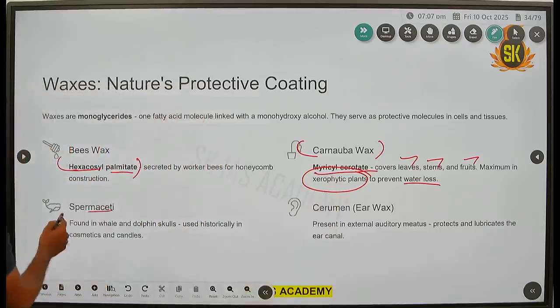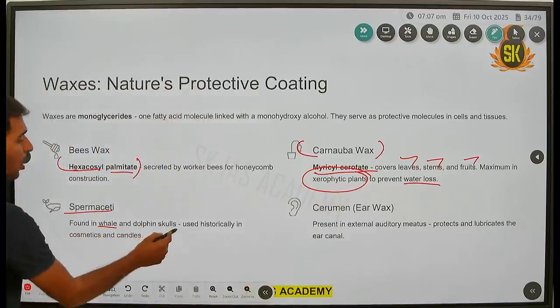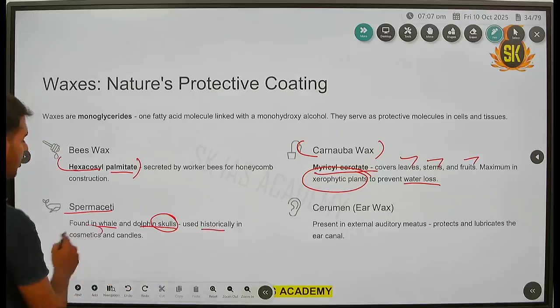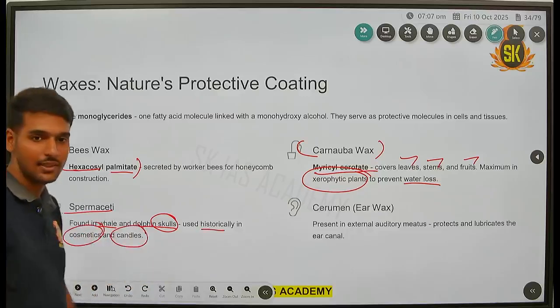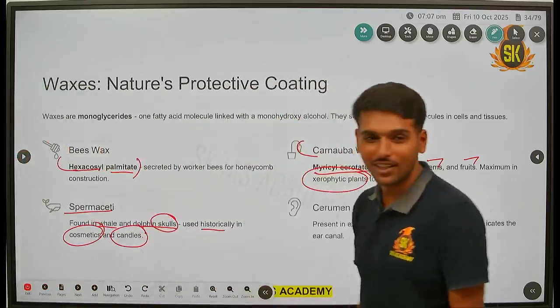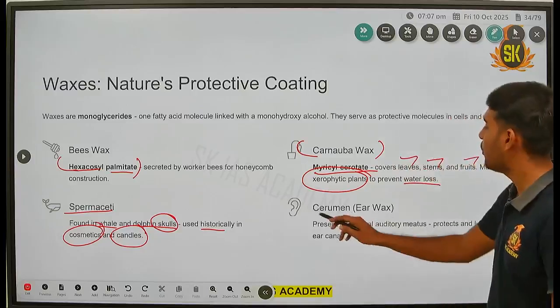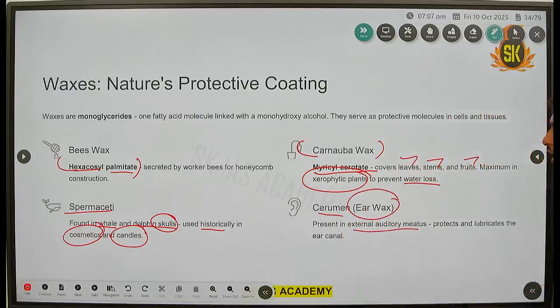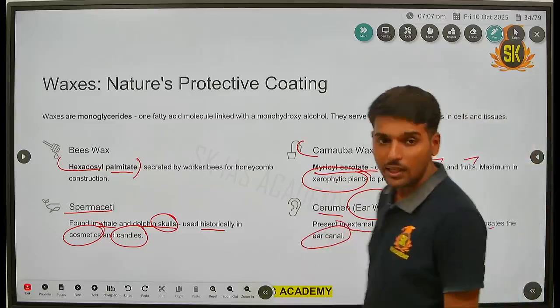Sorry, spermaceti found in whale and dolphin skulls, used historically in cosmetics and candles. Okay, the part of a dolphin or a whale. Okay, cerumen ear wax, we have already seen it. External auditory meatus, protects and lubricates the ear canal.